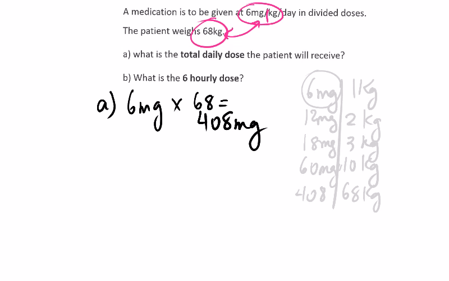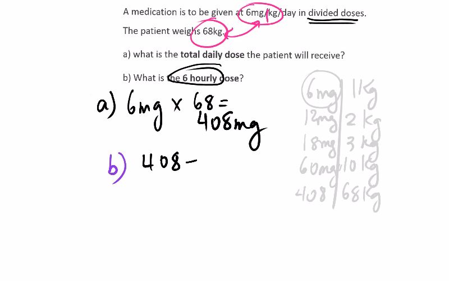For solving question B, same as before, we would use these 408 milligrams, and we want to divide it in equal doses over the day, giving the drug every 6 hours. We have 4 lots of 6 hours in a day.